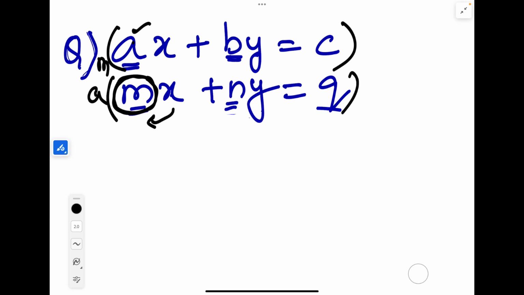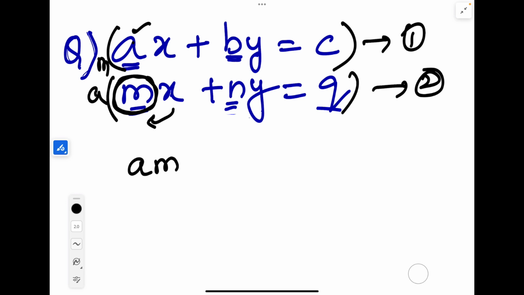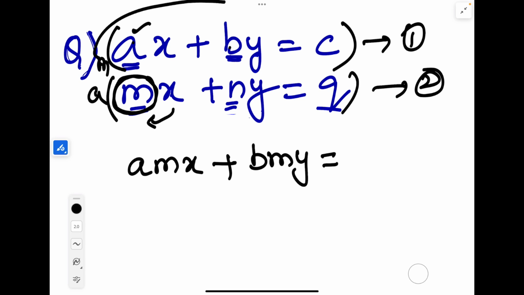So the first equation will become m times ax is amx. I'm just trying to write this in alphabetical order. You can even write max, it's absolutely fine. Plus m times by will become bmy is equal to m multiplied by c will become cm.